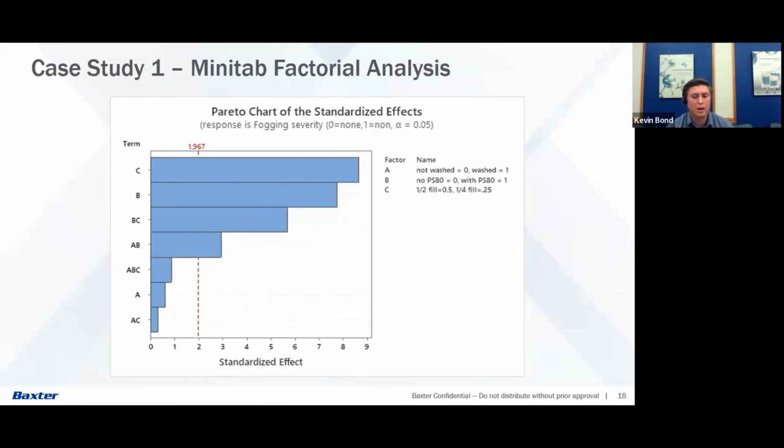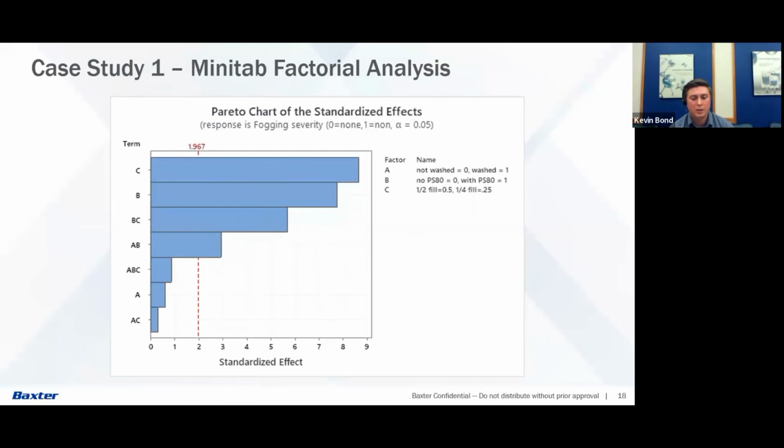So from this analysis, we've identified 2 factors and 2 interactions which significantly impacted the vial fogging present in the study. Those 2 individual factors were the fill volume and the presence or absence of polysorbate 80.